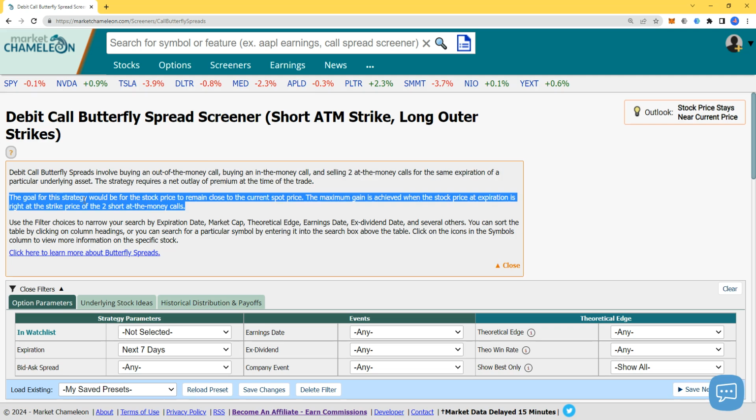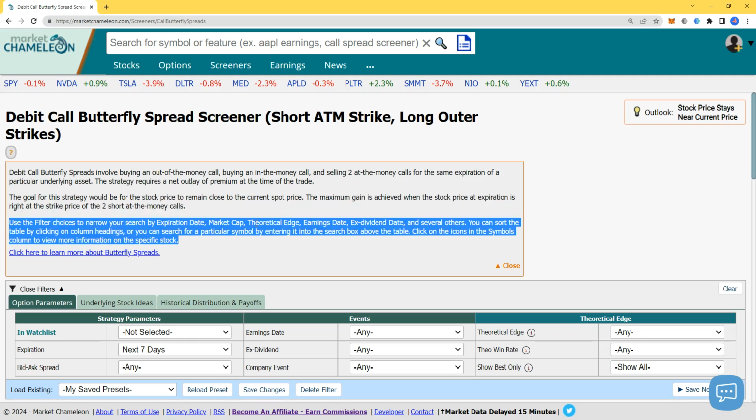I'll explain in a second how exactly all this works. The goal for this strategy would be for the stock price to remain close to the current spot price, for the stock not to move. The maximum gain is achieved when the stock price at expiration is right at the strike price of the two short at the money calls, the two that you sold. I'll use the filters below, which we'll do now.